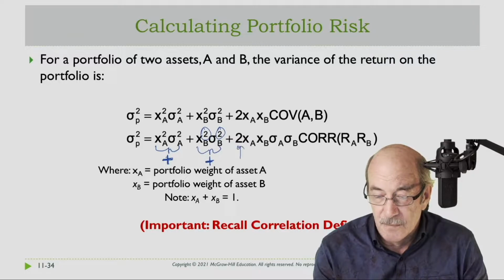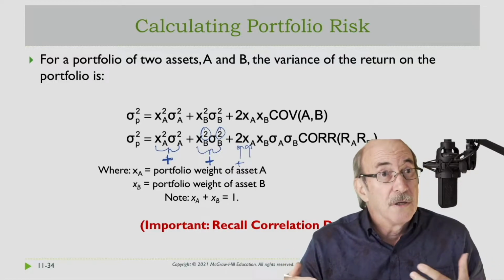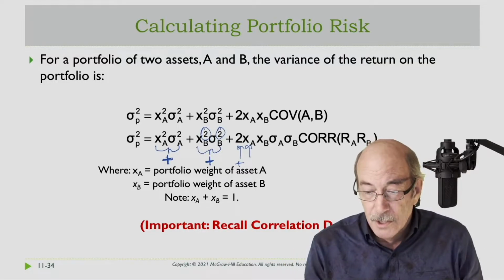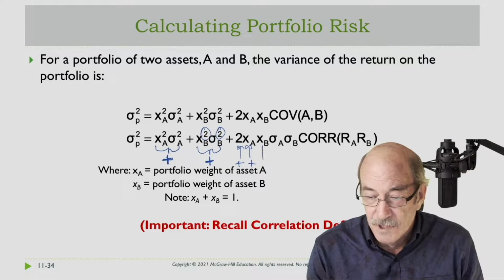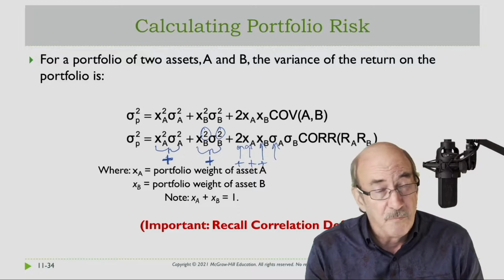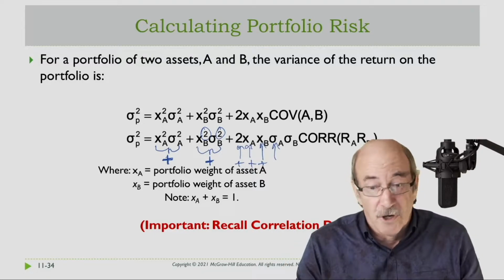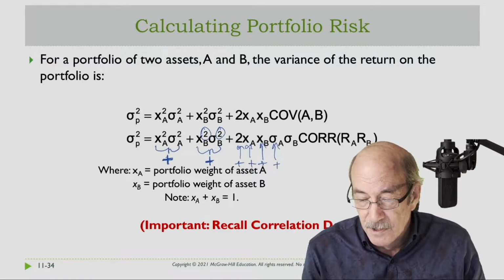And this item is positive. We're assuming that we're not shorting, so all our positions are long. So this is positive. X sub B is positive. Standard deviation, because variance is positive, the square root of variance is always going to be positive. So that's positive, and that's positive.